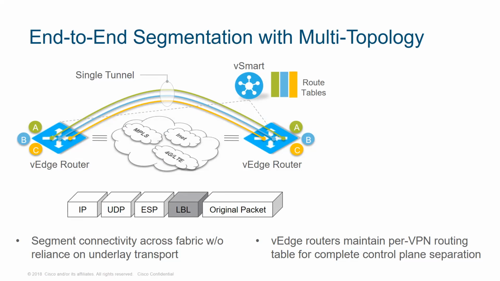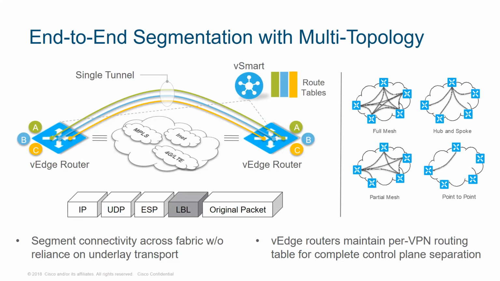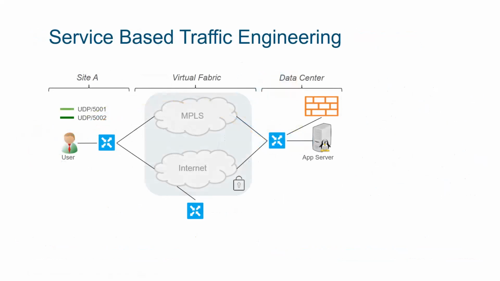The underlay transport is your transport network, which provides private and public network connectivity using MPLS, net, or broadband connection. And these are the topologies which SD-WAN does support: full mesh, hub and spoke, partial mesh, and point-to-point connectivity. So these are some use case topologies which you can deploy in the network using the SD-WAN.